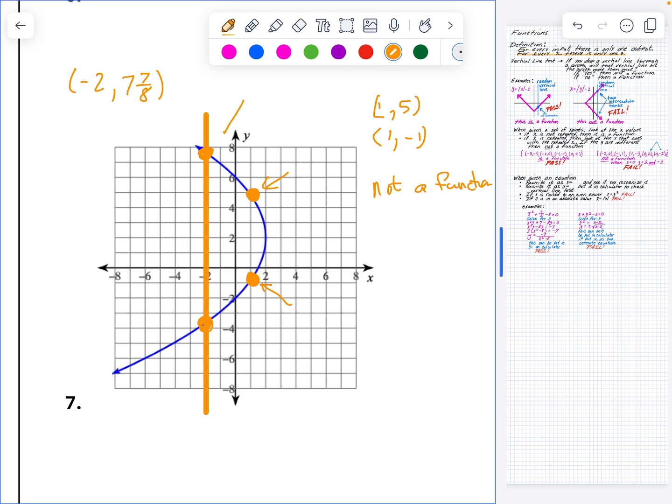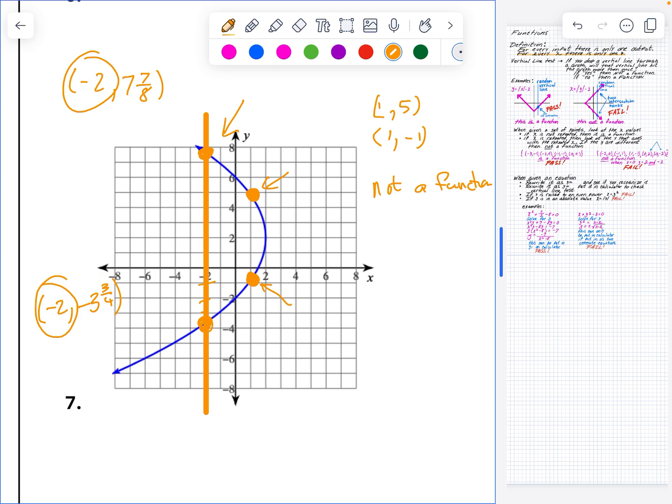That would be this point right here. And then this one would be when x is -2, y is almost -4. Let's say -3 3/4. So x is -2 there and x is -2 there, but the y's are different. There are two of them. So that is not a function.